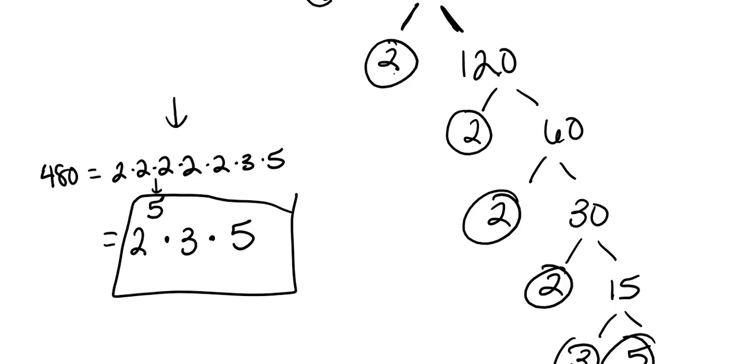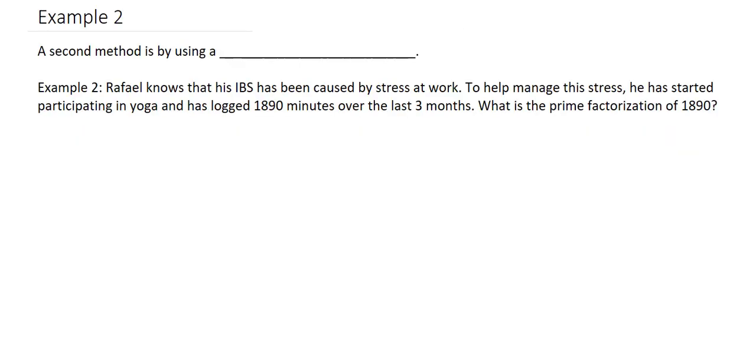Now let's go ahead and look at the next example. Example 2: a second method is using a divisibility ladder, and I will show you how that works. Raphael knows that his IBS has been caused by stress at work. To help manage this stress, he has started participating in yoga and has logged 1,890 minutes over the last 3 months.